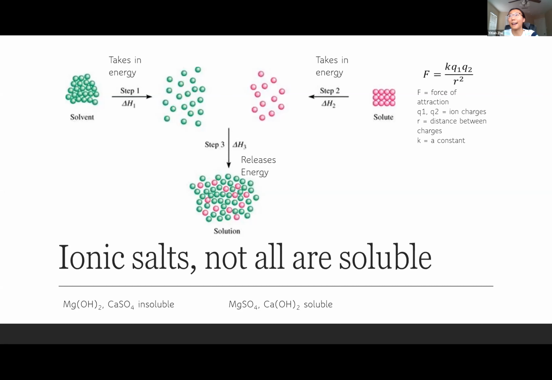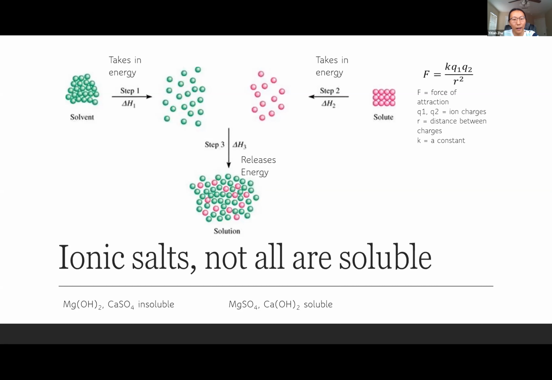Like, why would I do that? It takes me more energy, I have to put in more effort, and I don't really get anything out of it. But sometimes, if the amount of energy released is greater than the energy you have to put in, then the salt will dissolve. And so it's a really delicate balance between these properties.